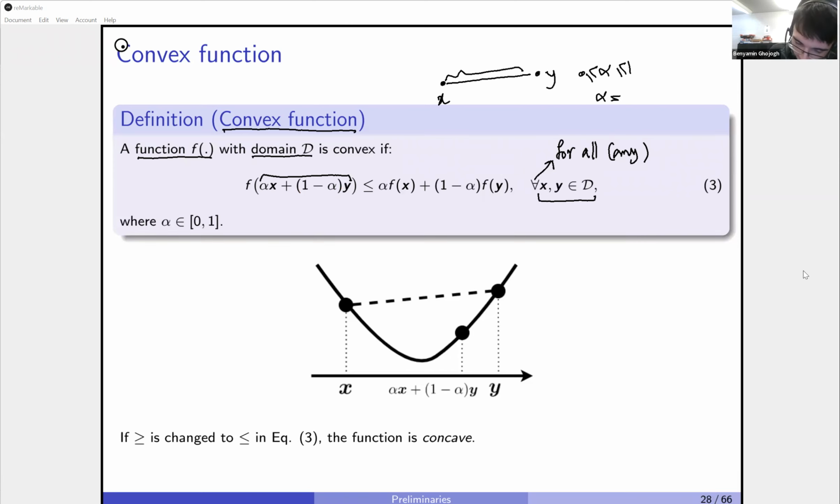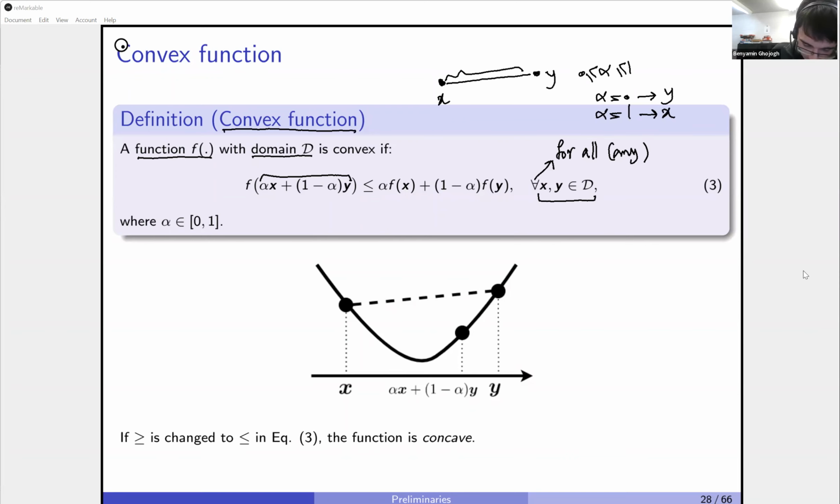Why? Because if you set alpha to 0, this becomes y, because 0x plus 1y. If you set alpha to 1, this becomes x. So this is for alpha 1, this is for alpha 0, and for alpha between 0 and 1 will be underlined.